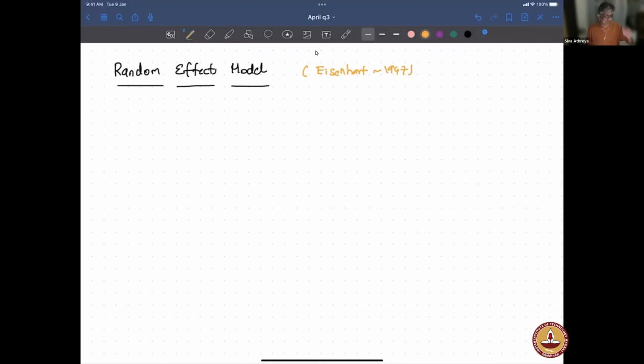They were the first to explicitly define this fixed effects versus random effects model in ANOVA. So today, typically many people call Eisenhardt's second model the random effects model.